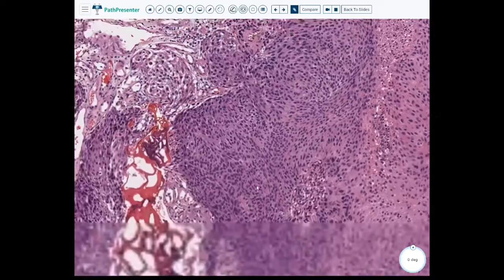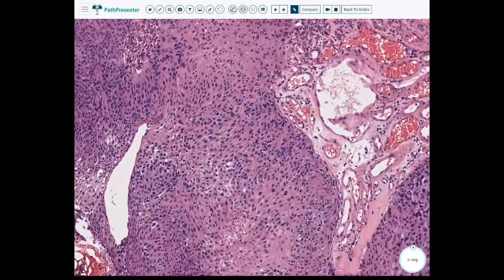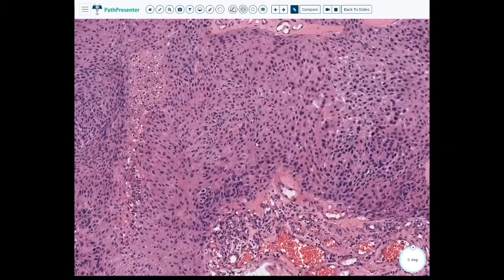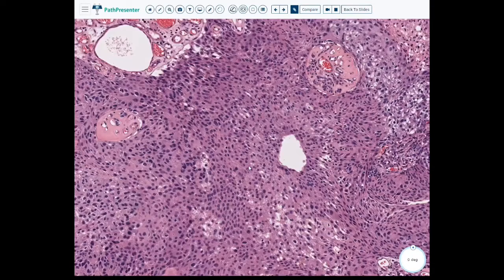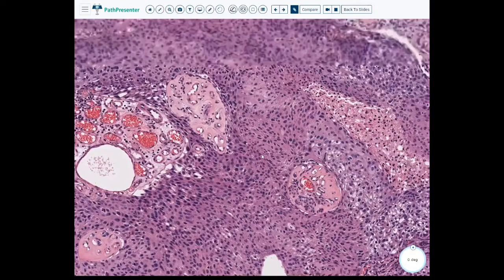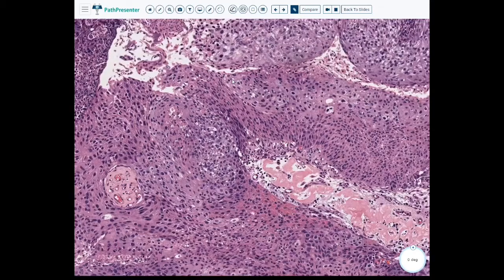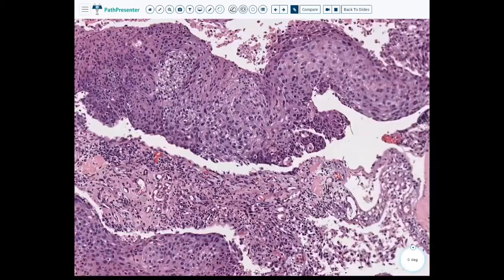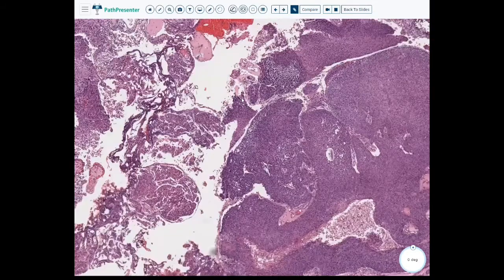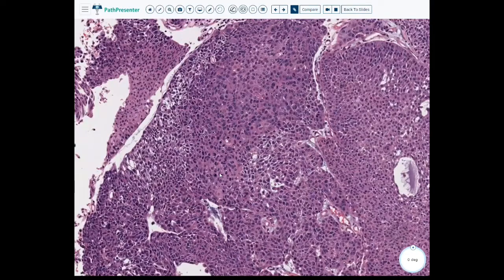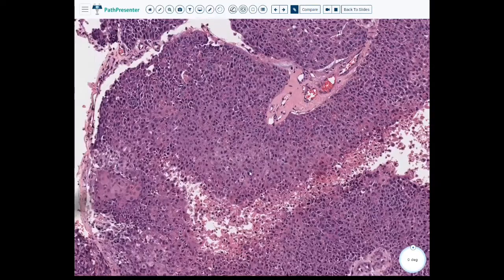So we just want to spend a little bit of time looking at our urothelial component. And there's a lot of it on this slide. So again, what are we looking for? We're looking for pleomorphism, more mitotic activity, necrosis. And remember, are we looking at potatoes? Are we looking at gourds? So you guys want to keep that in the back of your mind for pleomorphism. And this is pure urothelial carcinoma over here, and there's a lot of heterogeneity amongst the cells.